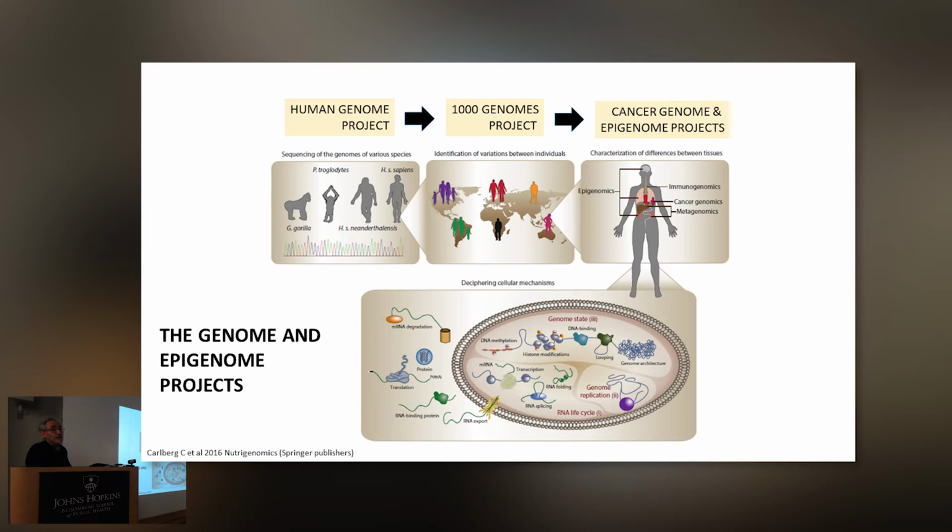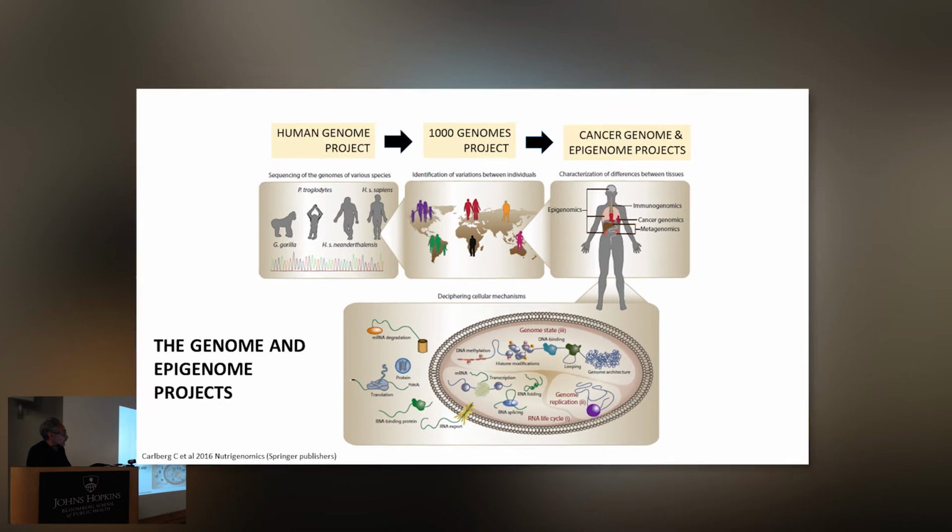There are also epigenome-wide association studies, not to be confused with the environment-wide association study which we saw previously, to characterize differences between tissues, and between tissues when they are healthy and when they are diseased, and then to utilize and decipher this information to understand cellular mechanisms. So we will have massive amounts of information, and this is growing rapidly in many ways.